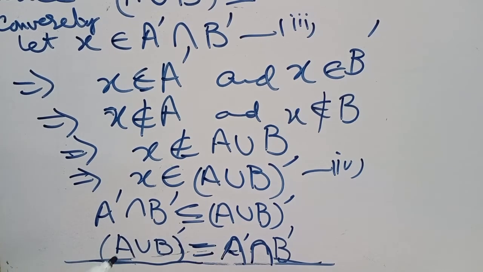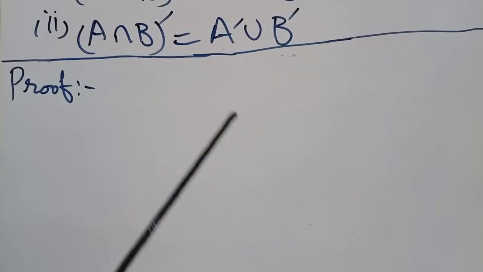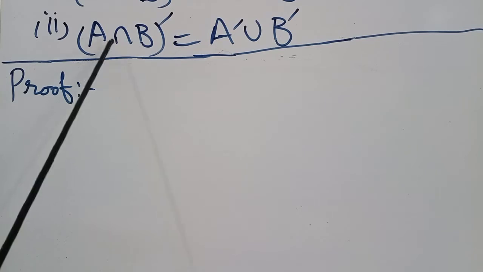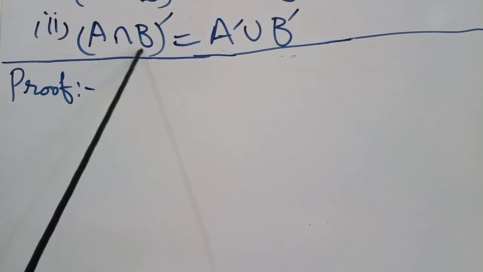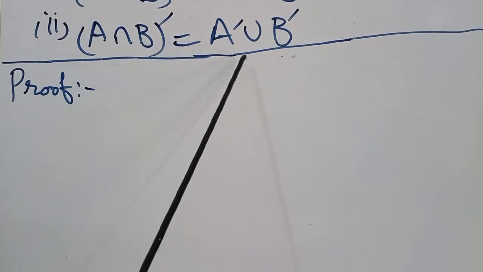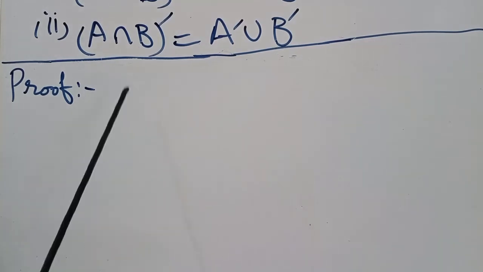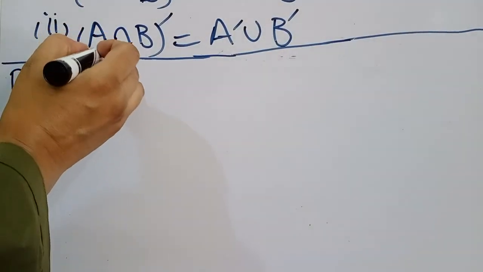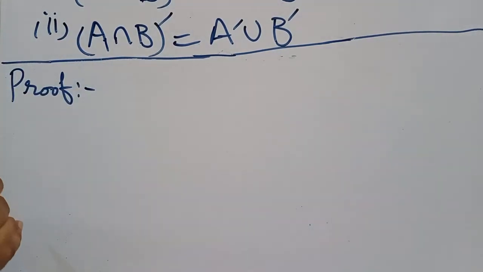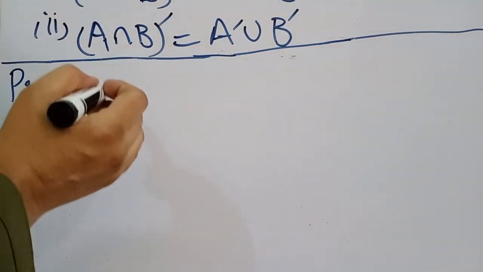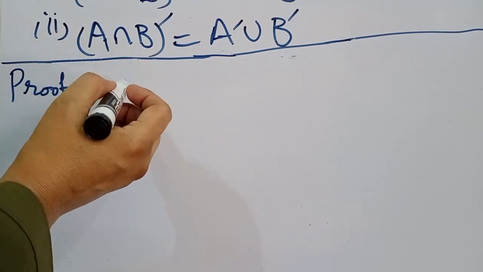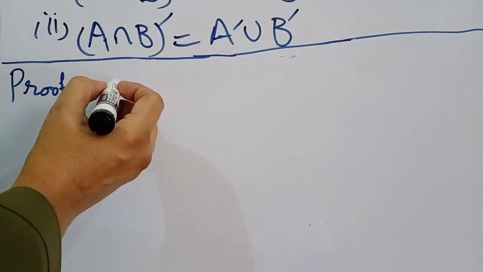Now we prove the second law of De Morgan's law. The second De Morgan law is (A intersection B) whole complement is equal to A complement union B complement. Similarly as we proved the first law, we take any arbitrary element x.